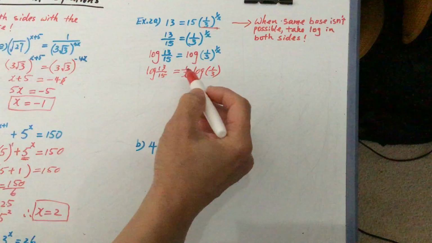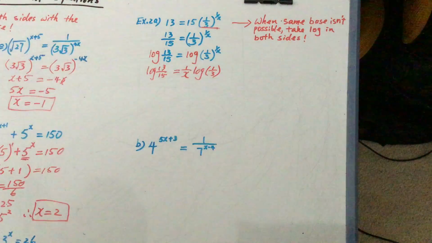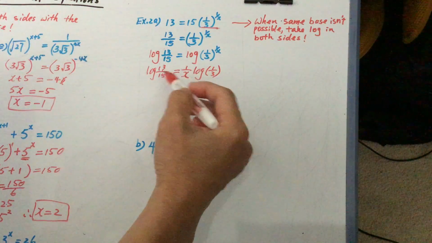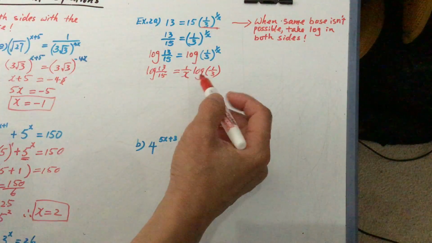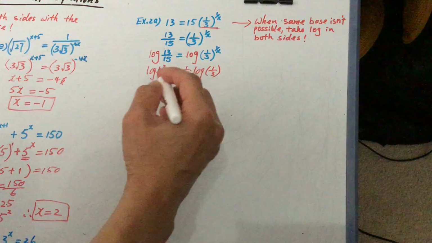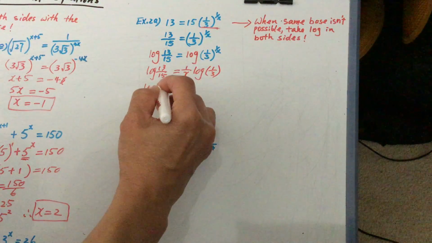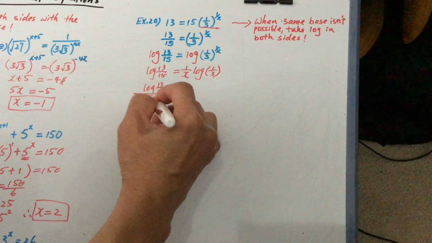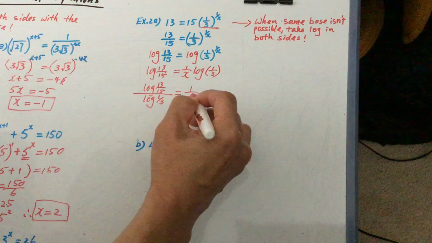Okay, now I can solve for the x. First, I have to divide both sides by the log of 1/3. So when I bring this over, I have the log of 13 over 15 divided by the log of 1/3.